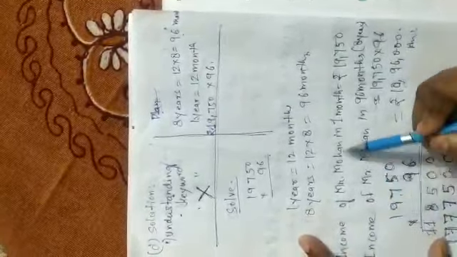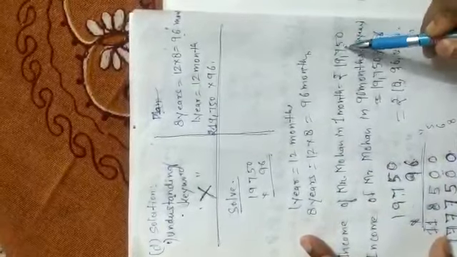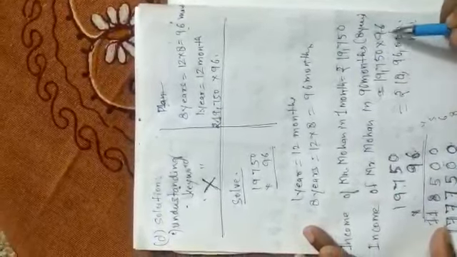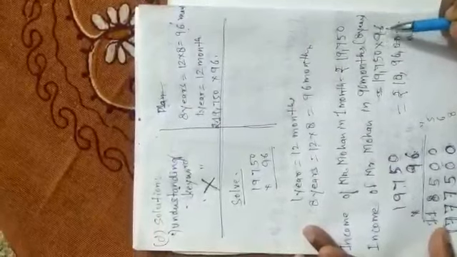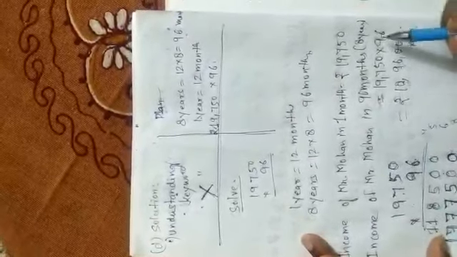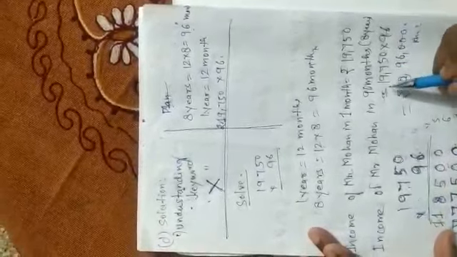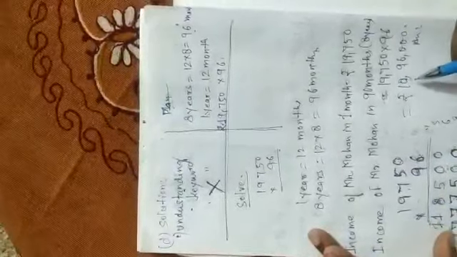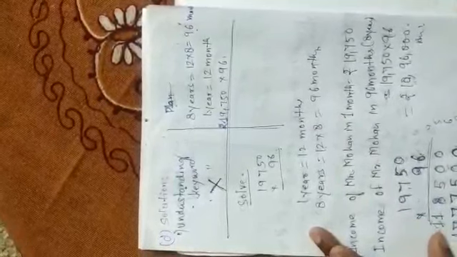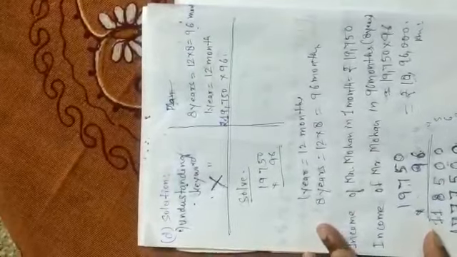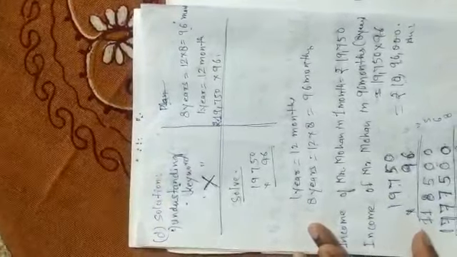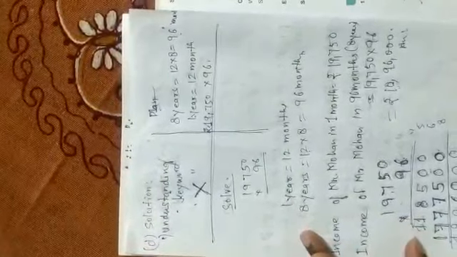Here the income of Mr. Mohan in 1 month is given as 19,750. After multiplying this 19,750 with 96 months, the income of Mr. Mohan in 96 months, that is in 8 years, is equal to 18,96,000.